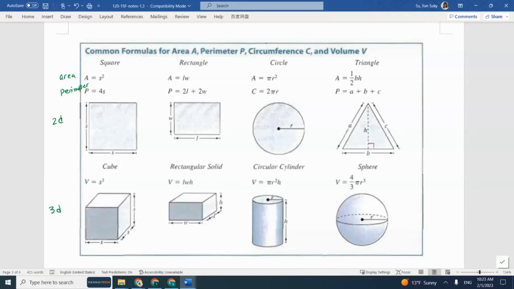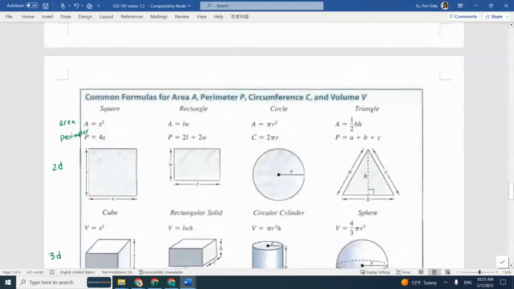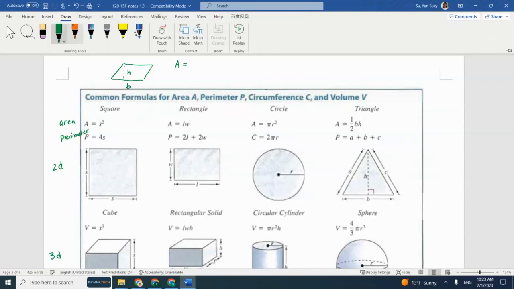Okay, how about triangle? Well, okay, let me give you more. Let me give you parallelogram. Let's do parallelogram first. So what is the area of a parallelogram with base B and height H?